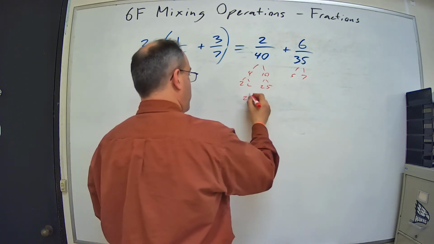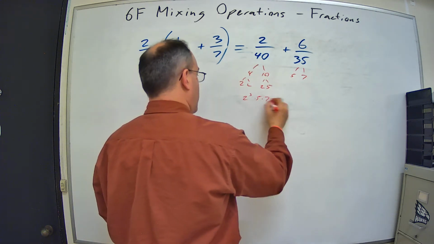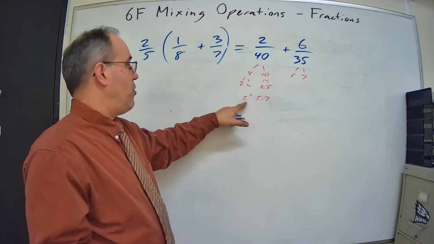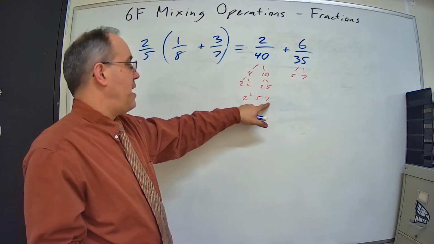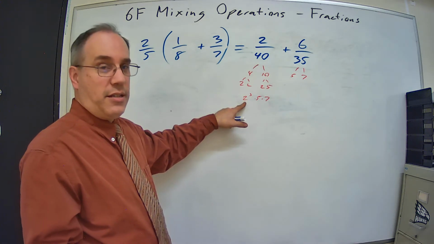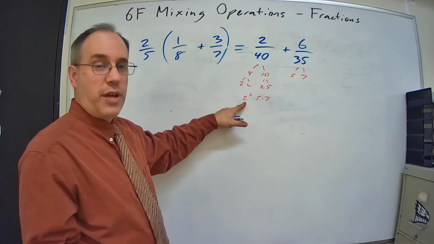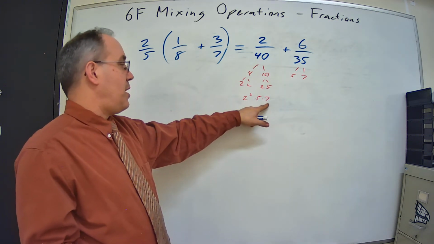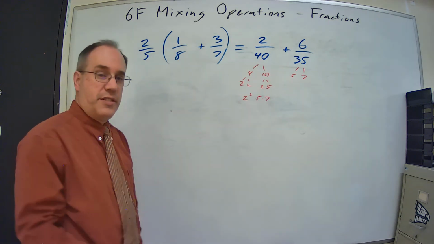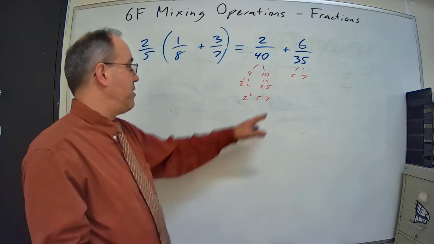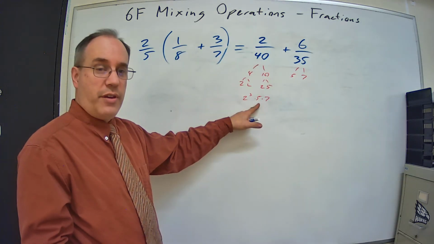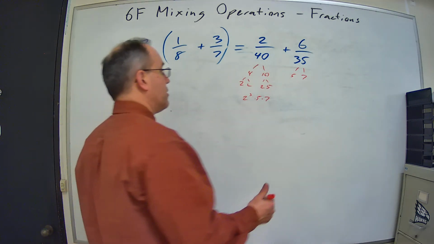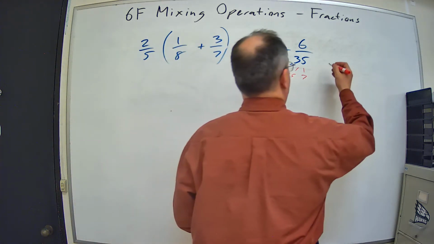So I'm looking at 2 cubed times 5 times 7. So let's go, well, 2 cubed is 8, right? 2 times 2 times 2, 2 times 2 is 4, times 2 is 8. 8 times 7 is 56. 56 times 5 is 280.